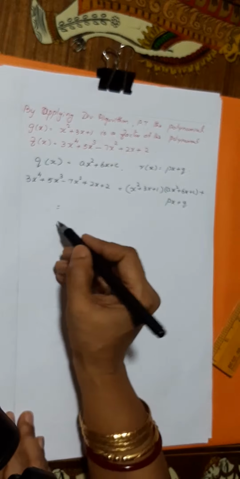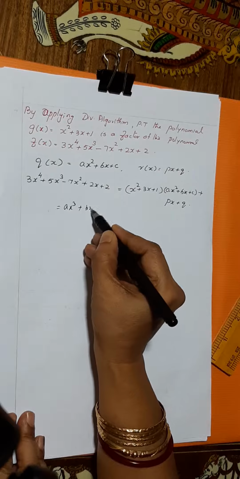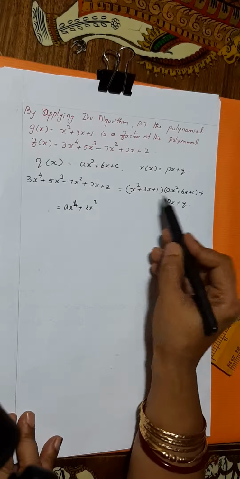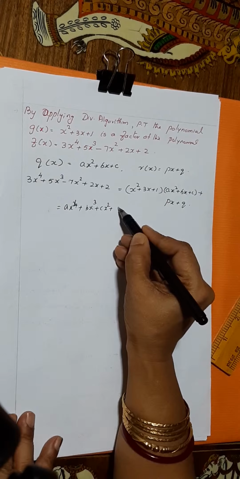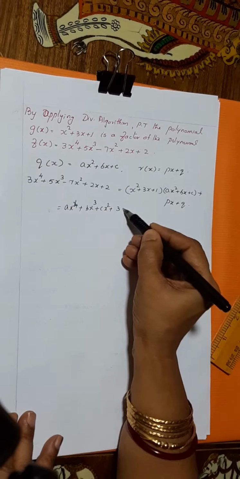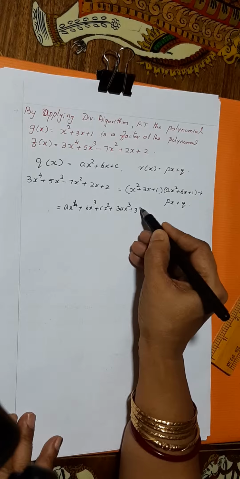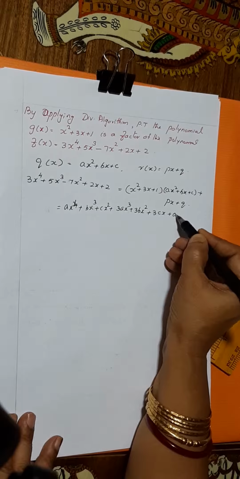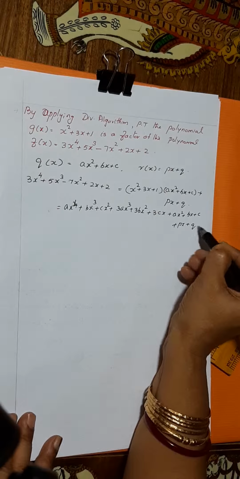So now we will do the simplification. You will get ax cube plus ax to the power of 4 plus bx cube plus cx squared plus 3ax cube plus 3bx squared plus 3cx plus ax squared plus bx plus c plus px plus q.